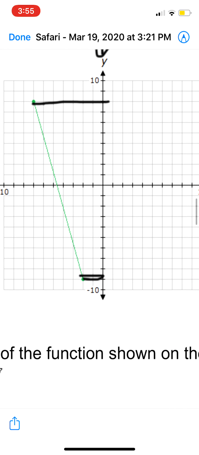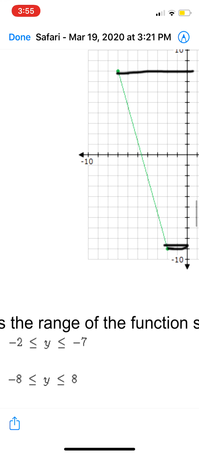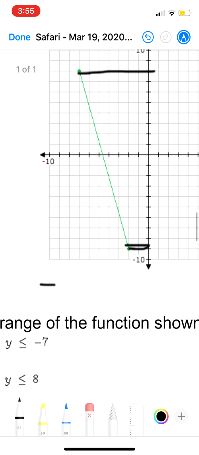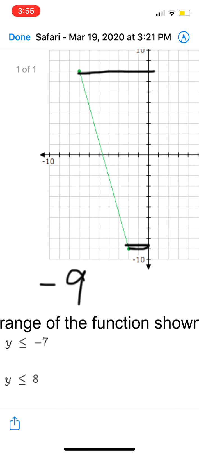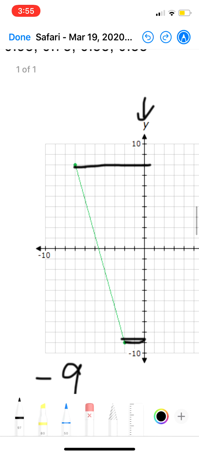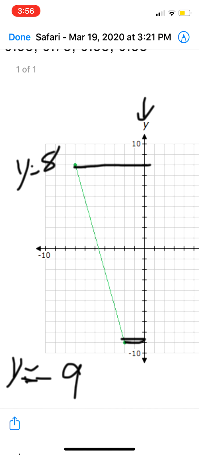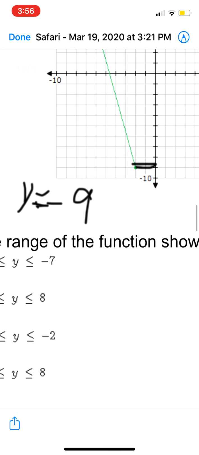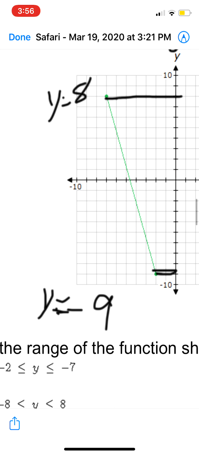All the way down here, it's at -9. And all the way up here, it's at +8. So that's what y is. All you have to do is put the y in between those two values.